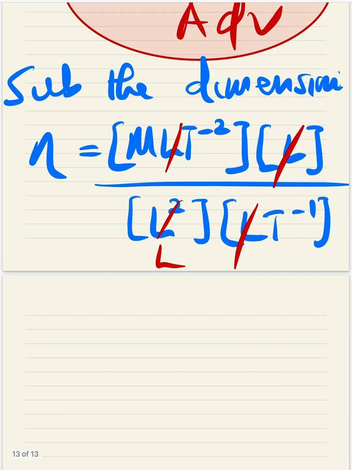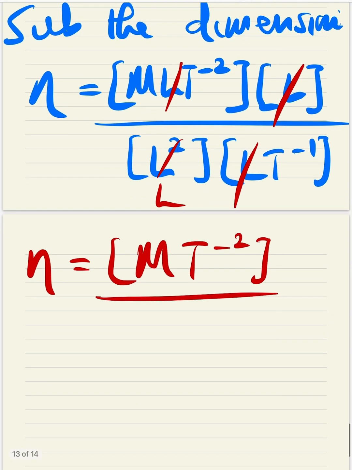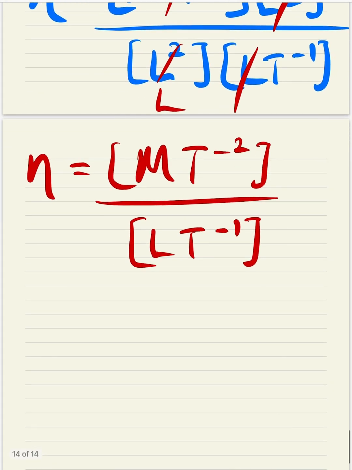So as a matter of fact, you are going to be left with eta giving us M, right, T minus 2 at the top. Then the bottom is going to be LT minus 1. That's what you're going to be left with.